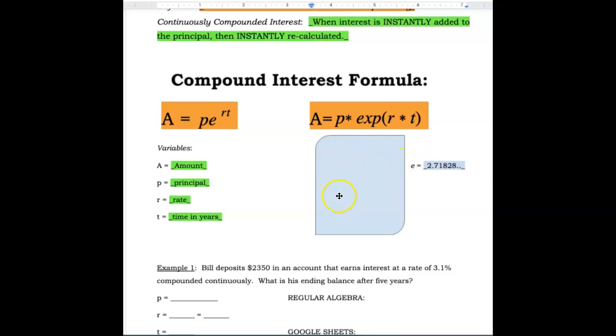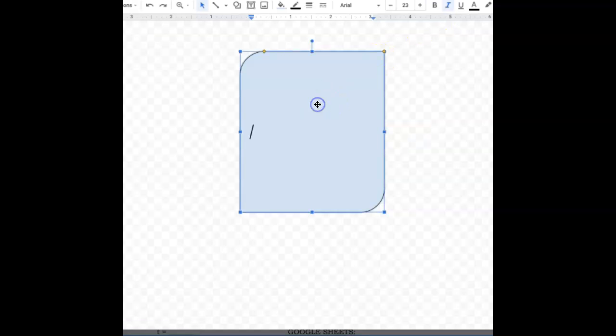So let's double click inside this little box here and we'll add it right to this. So e is an irrational constant, sort of like pi, like 3.14.